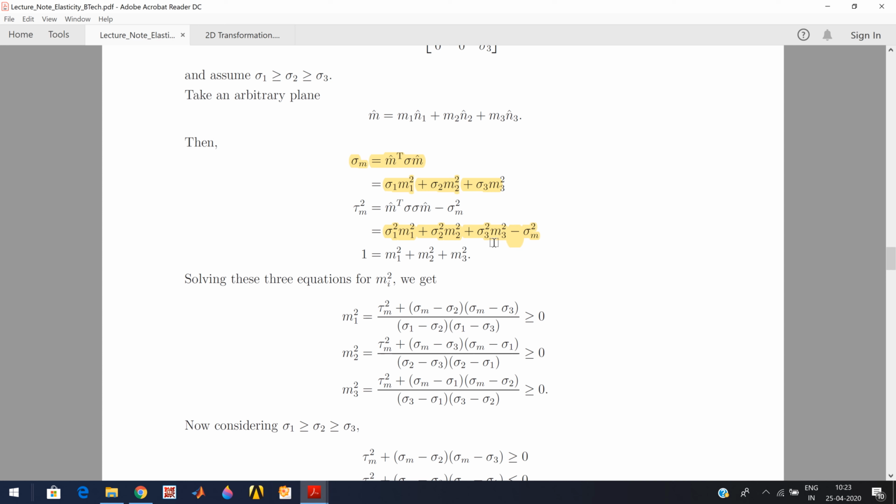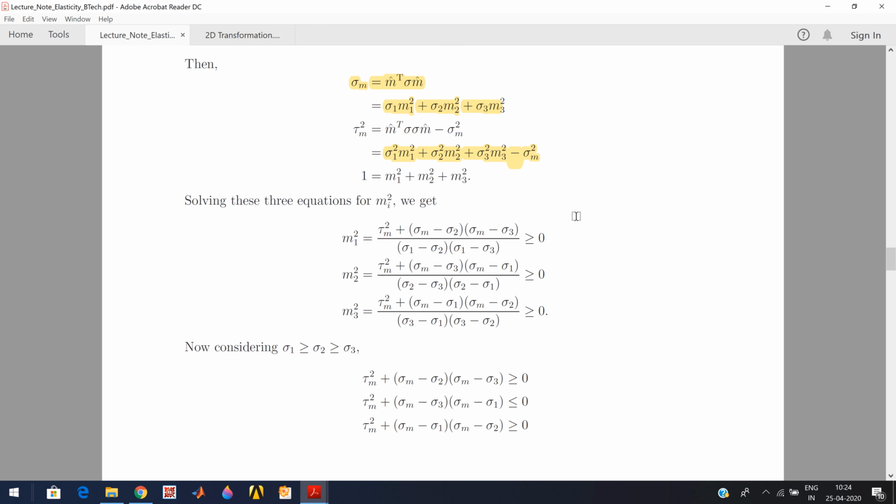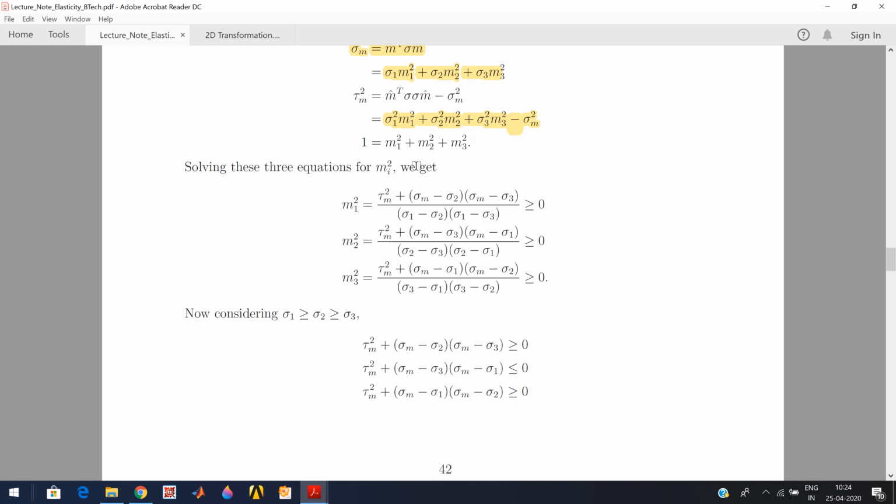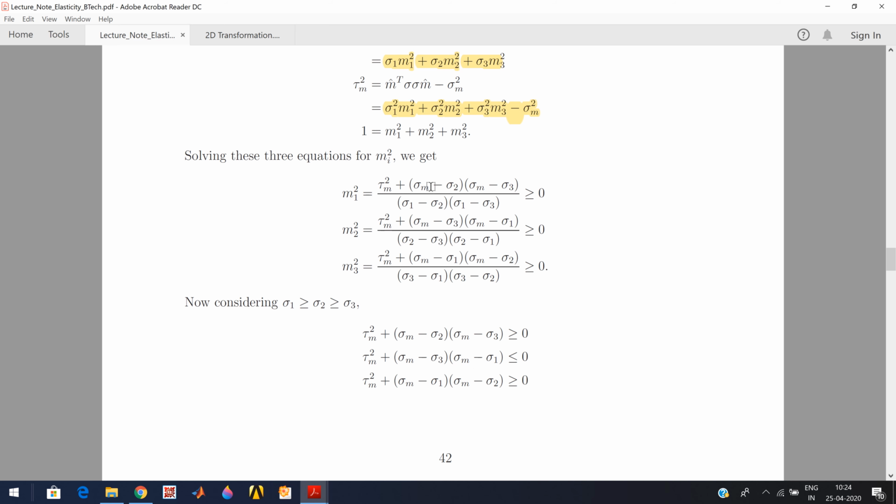You can use any symbolic math package like Mathematica or Maple to solve this equation. So after solving, what we get is written here.